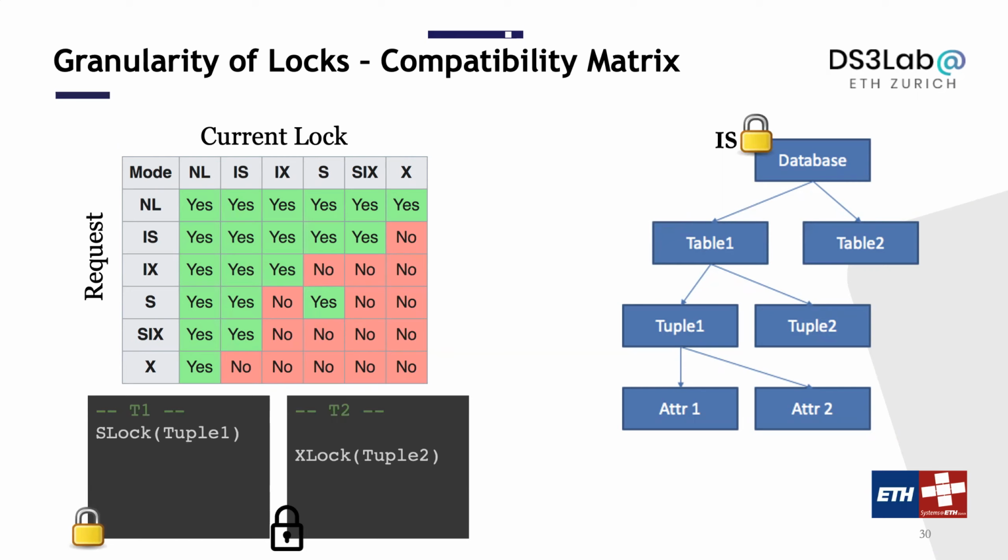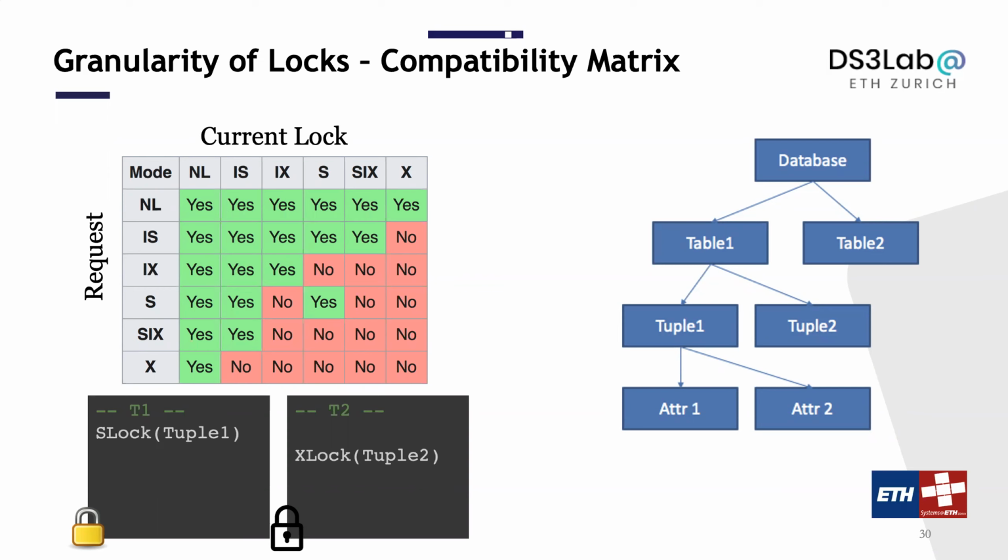Now let's look at some examples. Assume you have two transactions, T1 and T2. T1 wants a share lock on tuple 1 and T2 wants an exclusive lock on tuple 2. What would happen?